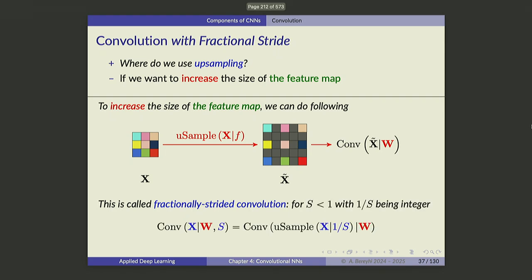So if I talk about a stride with factor s, which is smaller than 1, say for example s is 1/2, it means that I first upsample with factor 2, and then I do the convolution. This is basically the convolution with factor 1/2, and we can just think of it as strides smaller than 1.